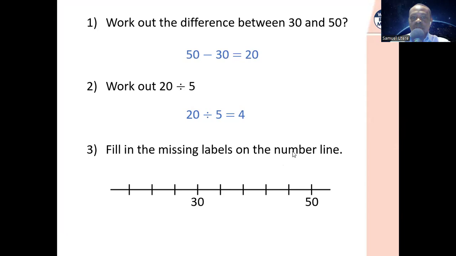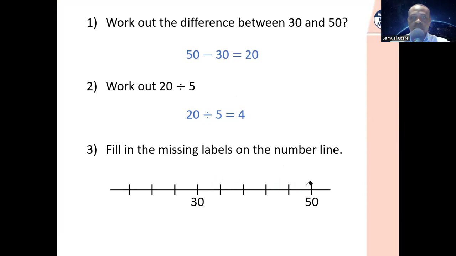Now, the next thing we need to do is to count our number of intervals. We can see that our intervals are 1, 2, 3, 4, 5. So we have 5 intervals between 30 and 50.